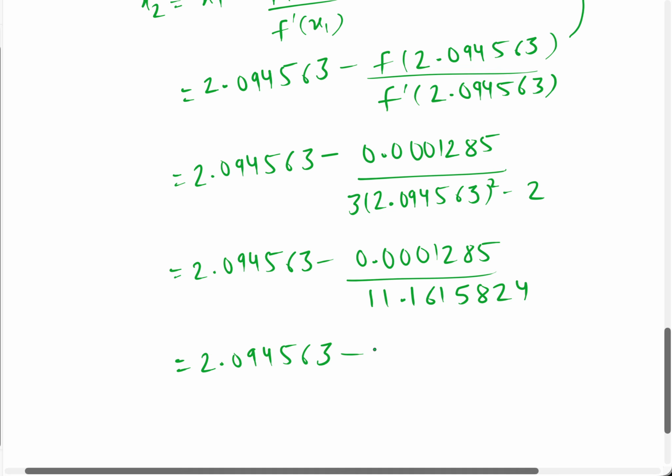So this becomes 1.151270. 2.094563 minus 1.151270. So the answer is 0.943293. See, now we are moving away from 0.